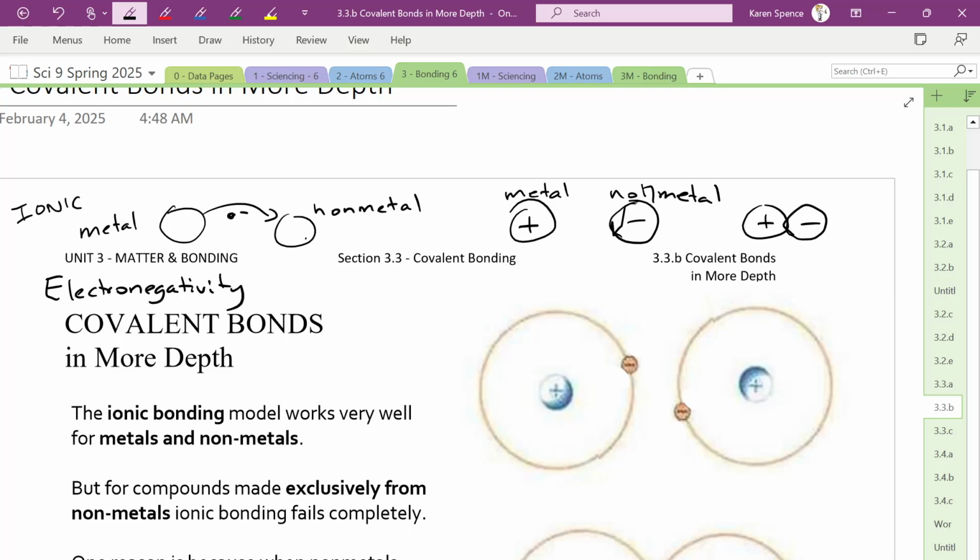No, she has an electron. Yes, very nice.